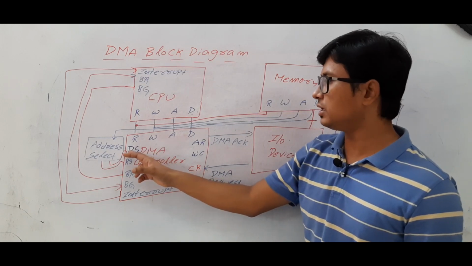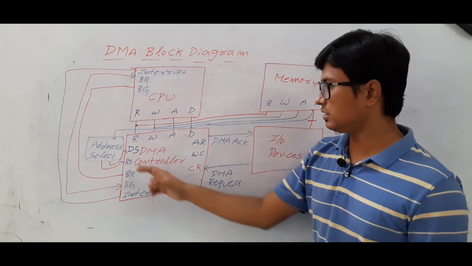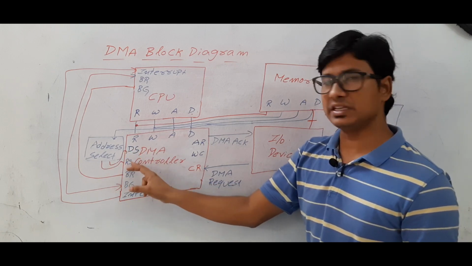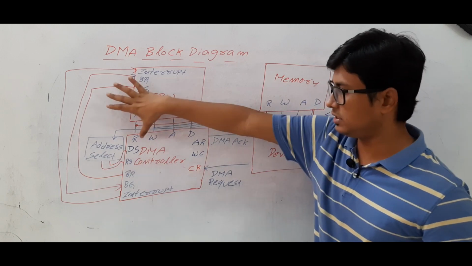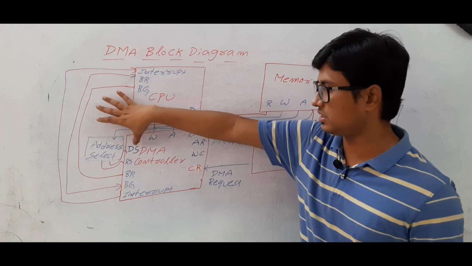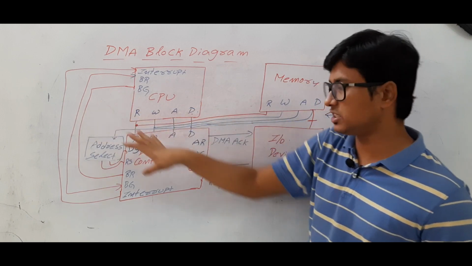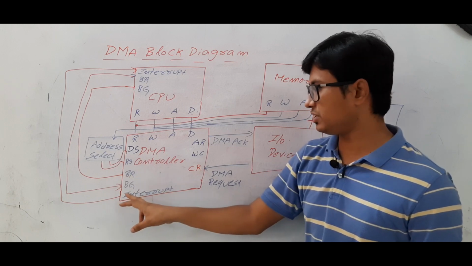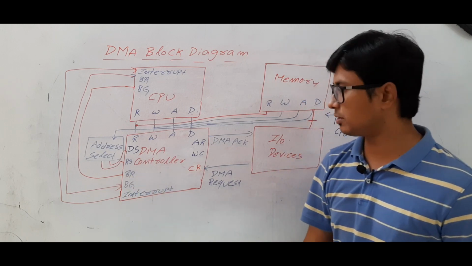Then we have the device select, or we can call it DMA select. We have a register select. DSC stands for DMA select or device select, RS for register select. We have 3 registers, which I will discuss. And we have bus request, bus grant and interrupt pins.